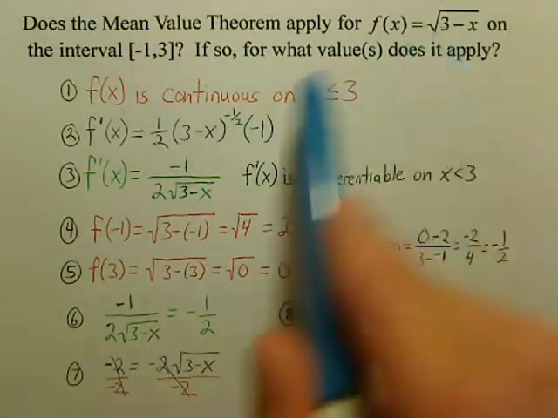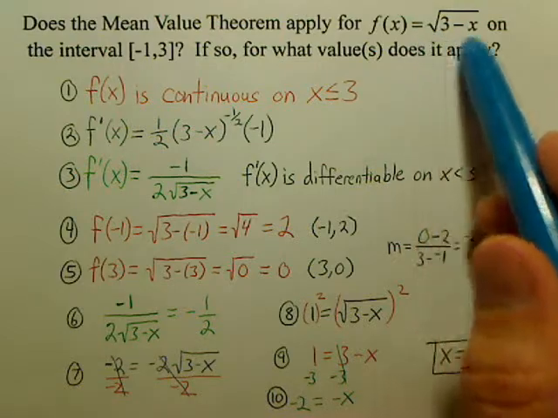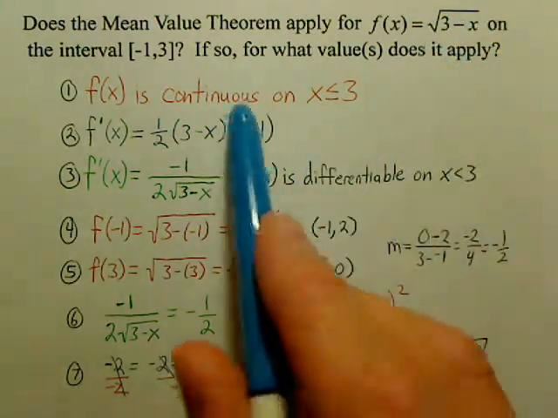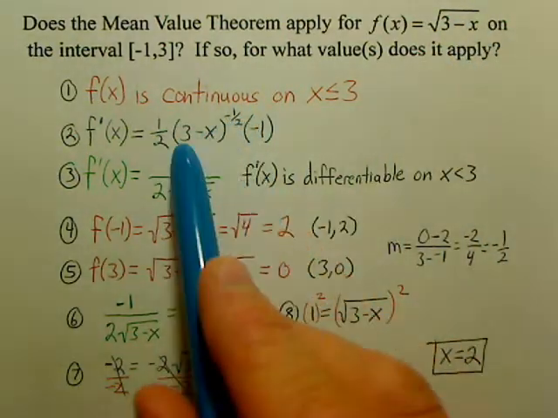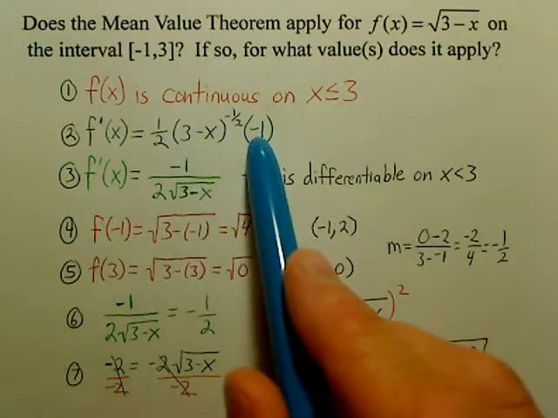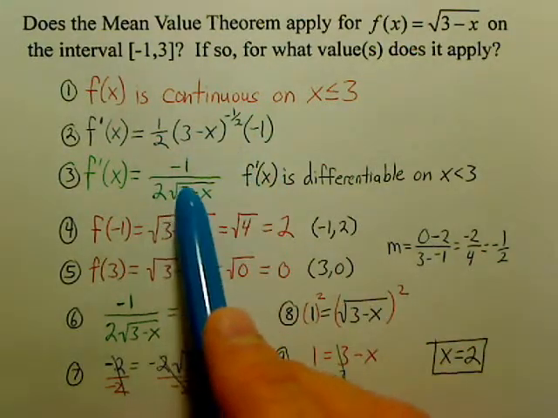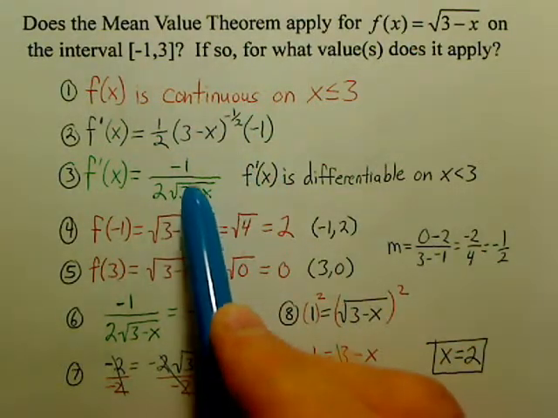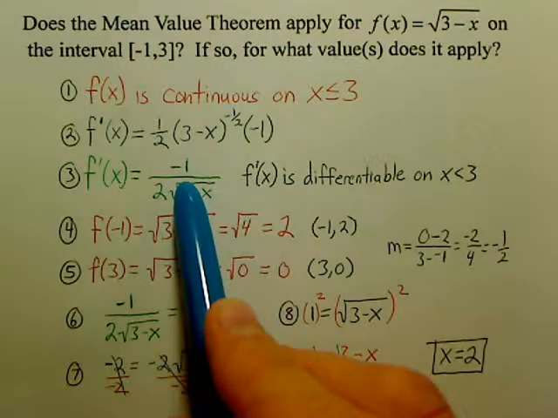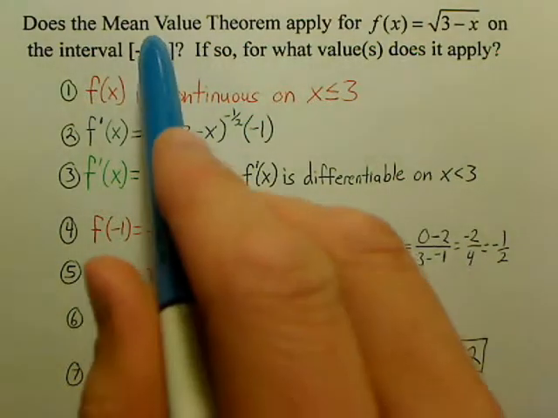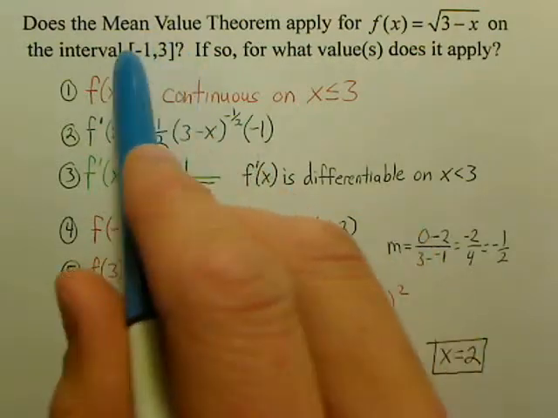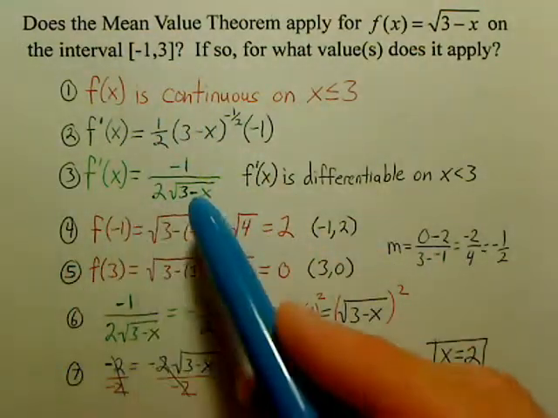So we take the derivative of this, make sure you understand it's a chain rule, so 1/2 power, take a 1/2 out front, drop it by 1, leave the inside, derive the inside. And when we simplify this, then we look at this and say, okay, is this differentiable on the open interval, meaning from -1 to 3, not including the edges, is it differentiable, or the derivatives?